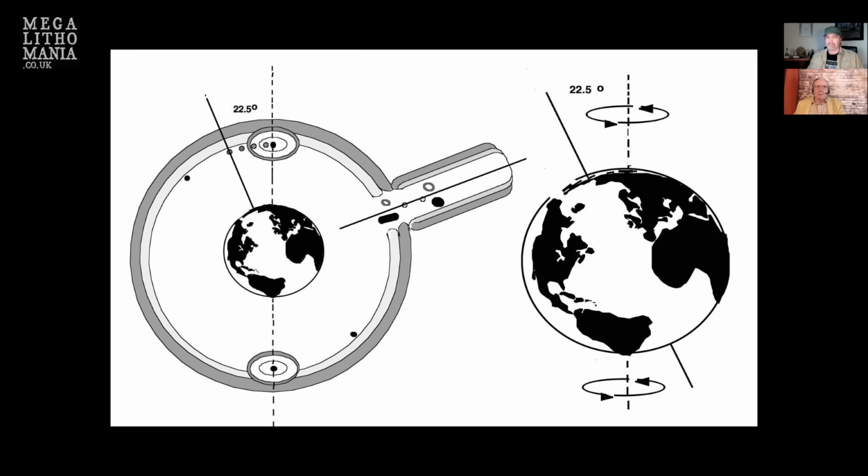Now, that's interesting because that might be able to date Stonehenge for us, because the angle of obliquity changes over a 40,000 year cycle. We have measured that cycle and we know exactly what that cycle is. And so the Earth had an angle of obliquity of 22.5 degrees, as in the Stonehenge diagram, 30,000 years ago.